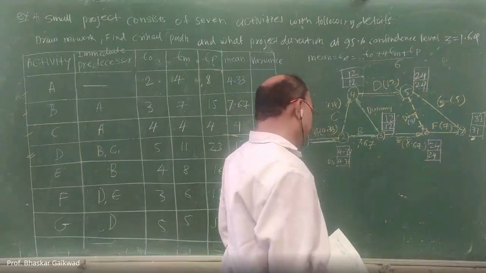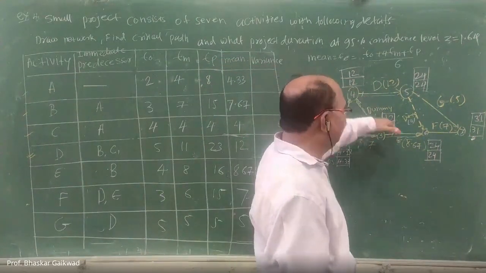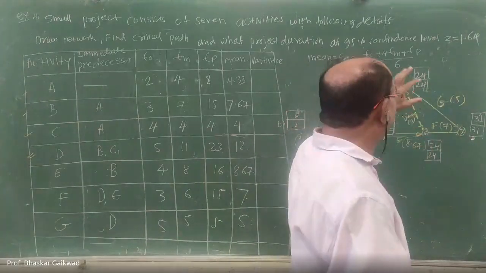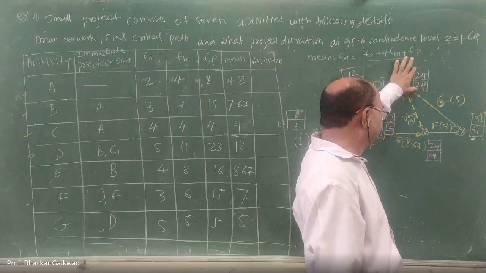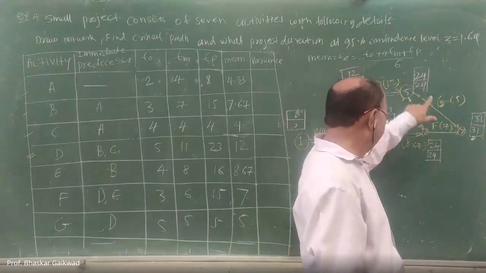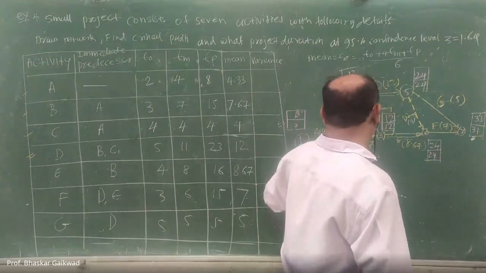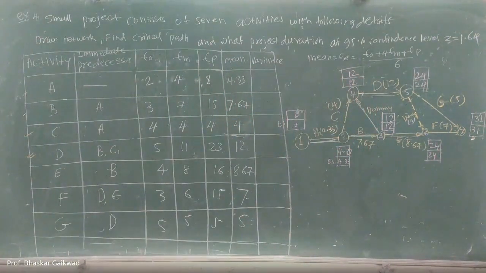Now here in this problem, early start times and completion times are the same at each node. This, this, this, this. Each node. So under such a situation, what do you have to do?